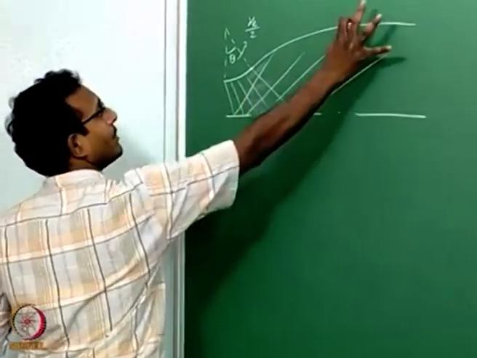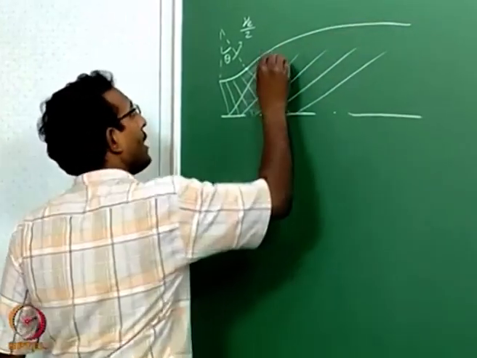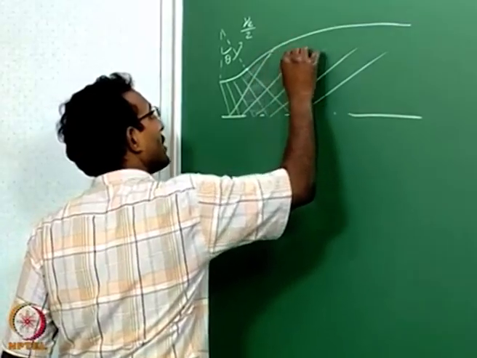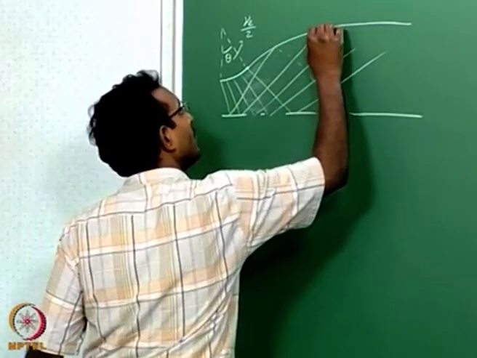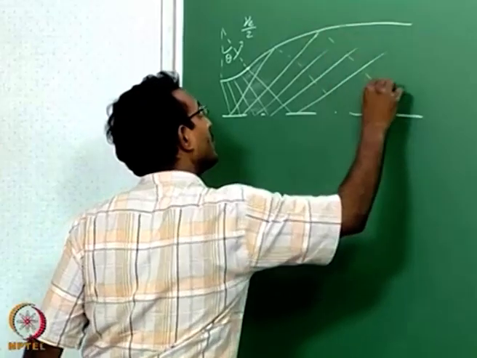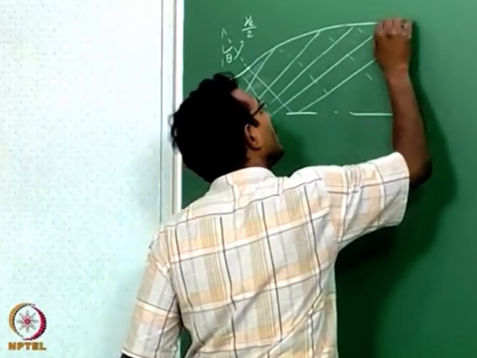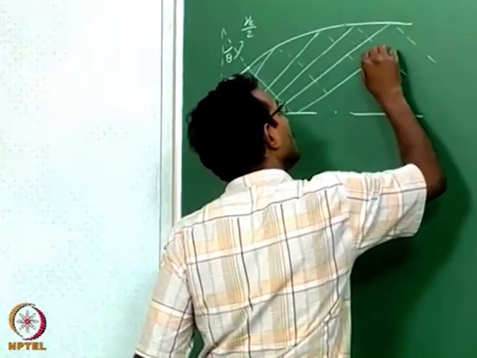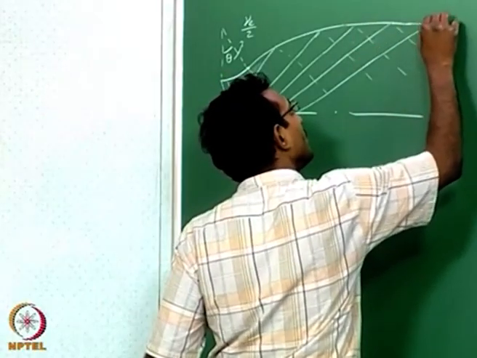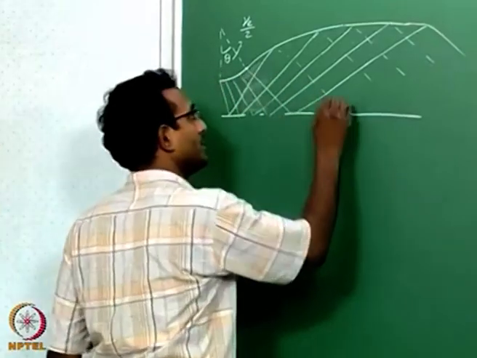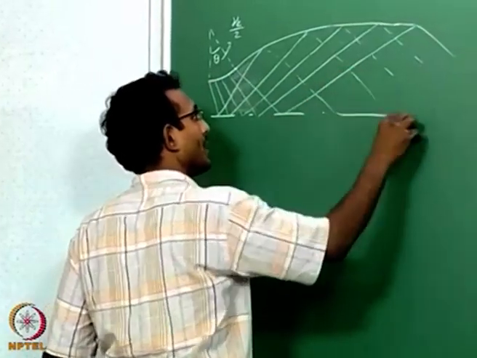As they are going out, they will be expanding more, but after they reach this and come back down, after this point they are all going to be parallel lines.